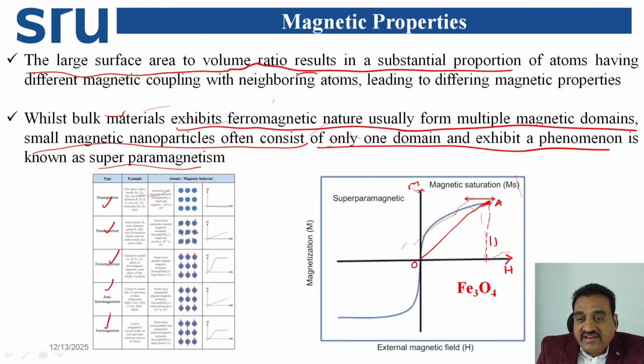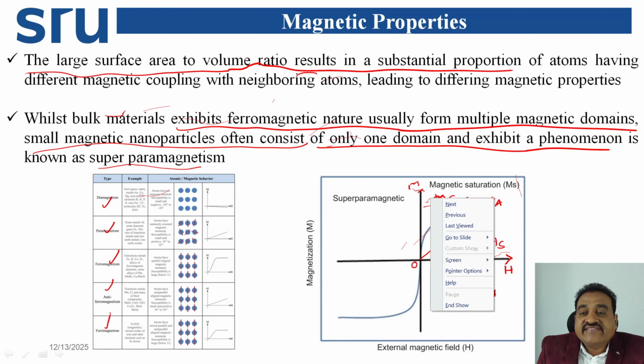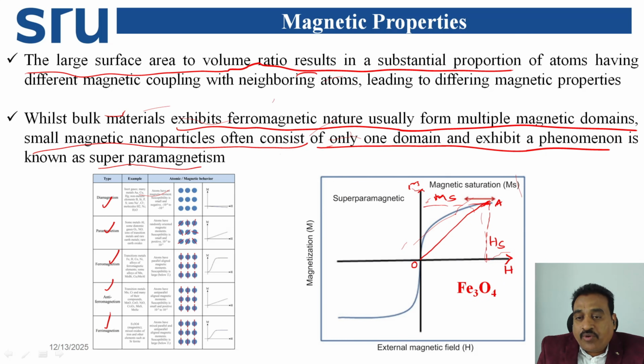That magnetic field is called the saturation magnetic field, and that magnetization is called saturation magnetization, MS. If we are reducing the magnetic field from point A, it creates a new path, A to O, a new path.